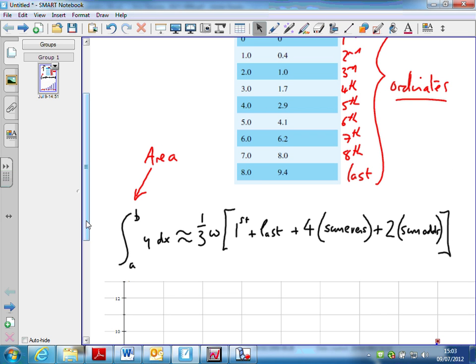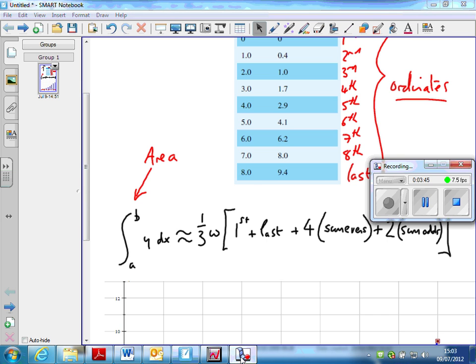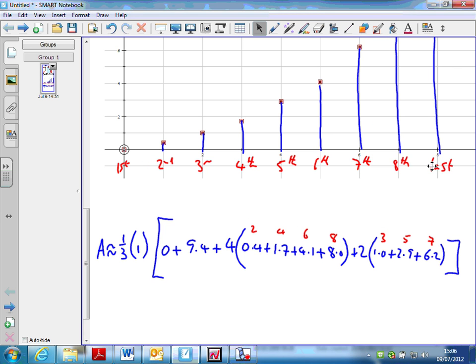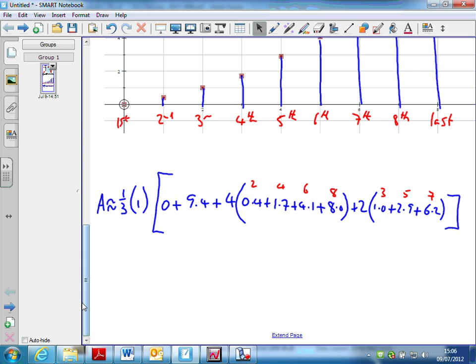So now we need to devise a table so that we can work out the value for the area underneath this curve using Simpson's rule. Don't actually need a table here for this particular question, the area. So we just plug the numbers in.